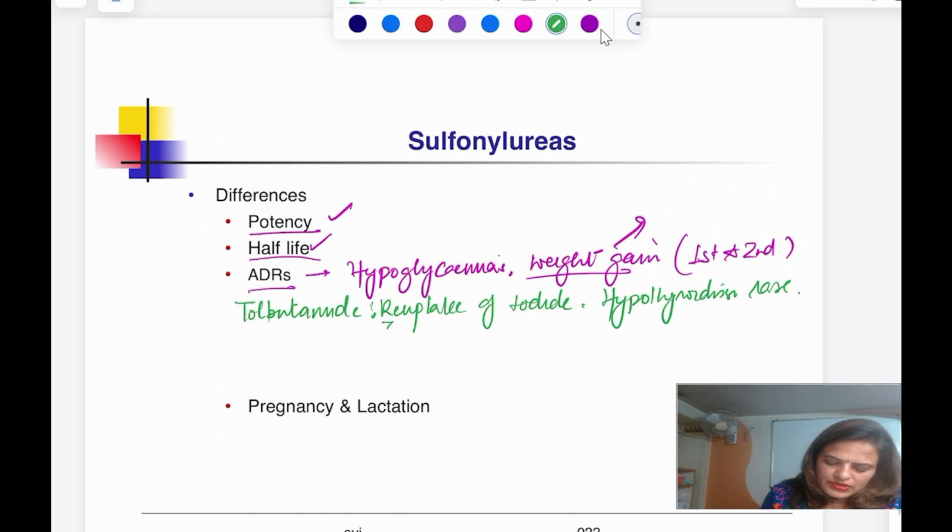Then it also shows zero order kinetics. So this is the difference between this and the others.